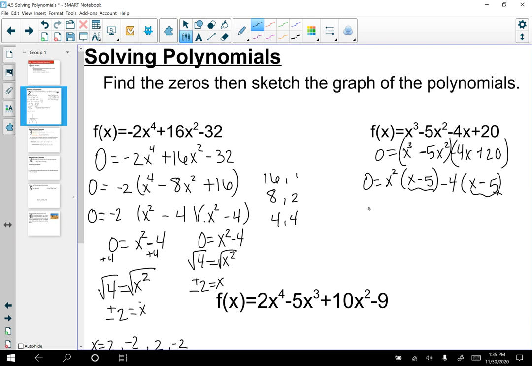Perfect, I can group those together and I'm left with 0 equals x squared minus 4 times x minus 5. Again, this factoring is a review from 4.4. Okay, so now I set both of these equal to 0 and solve for x. And I add over my 4 here.